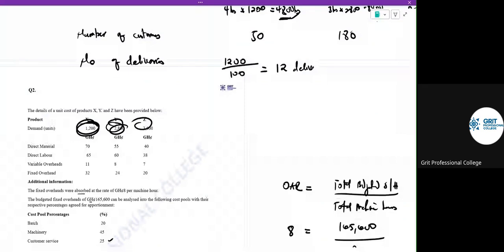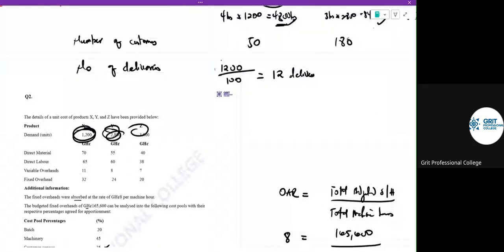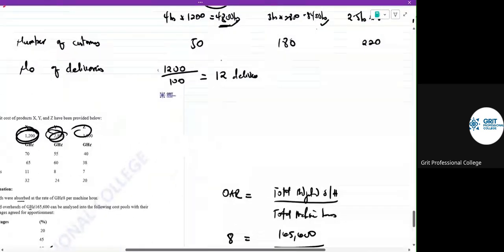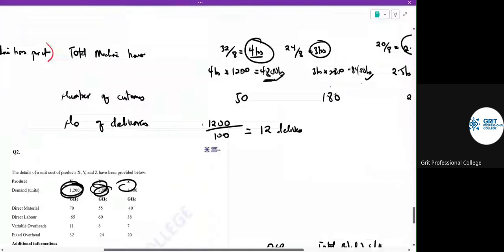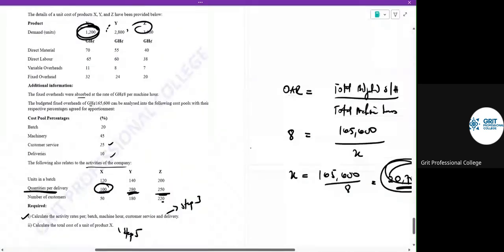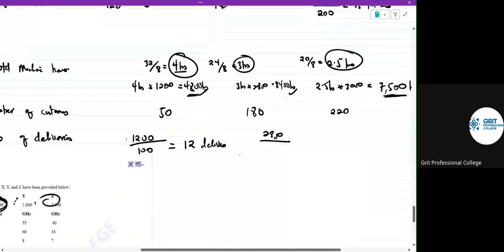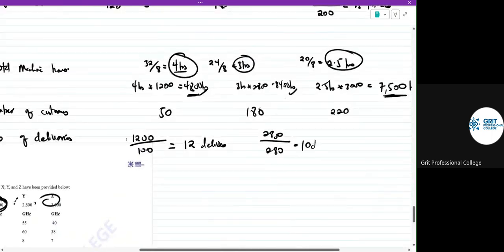We are saying to cover the 1,200 products that we have produced, to deliver everything. Y, we are producing 2,800, and so the quantity per delivery is 280. So we need to make 10 deliveries to be able to cover our entire production.